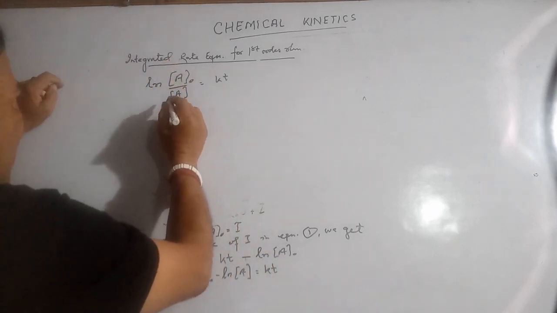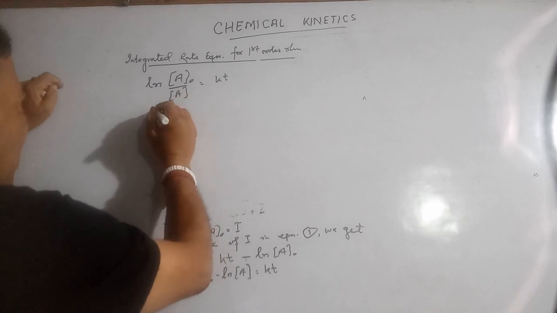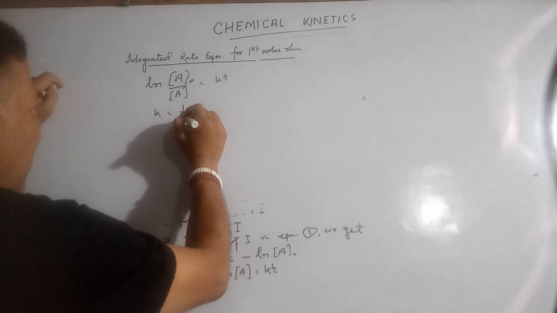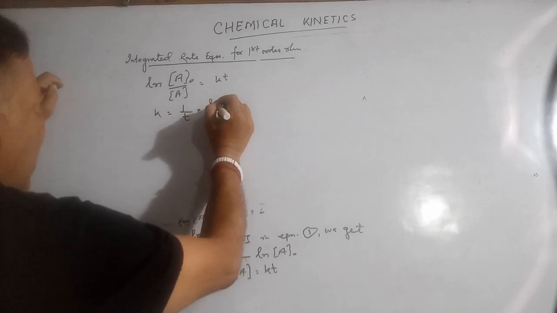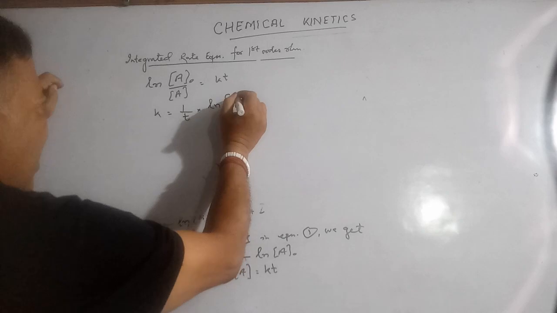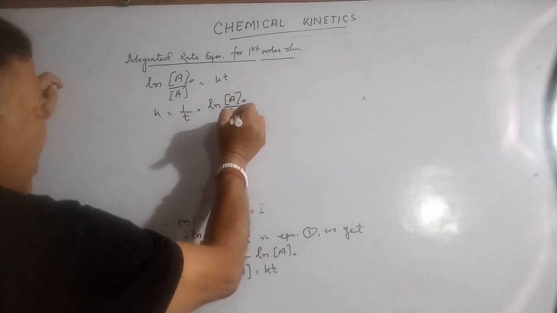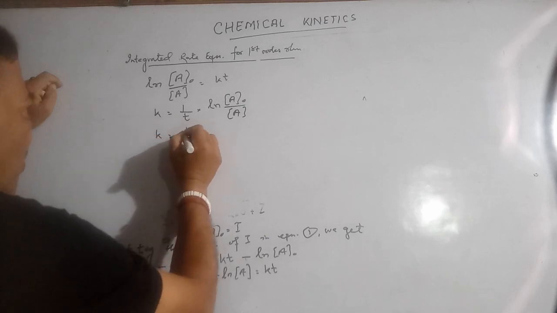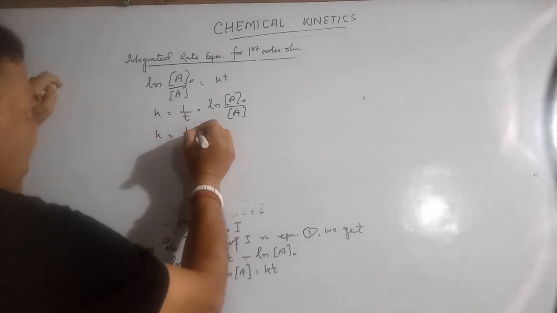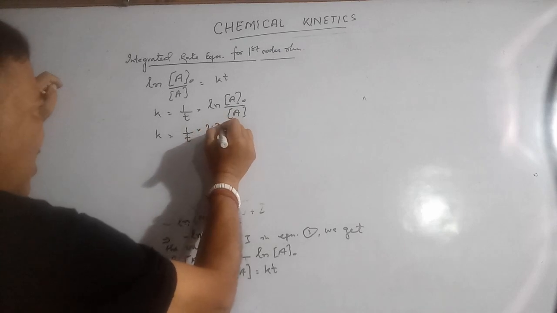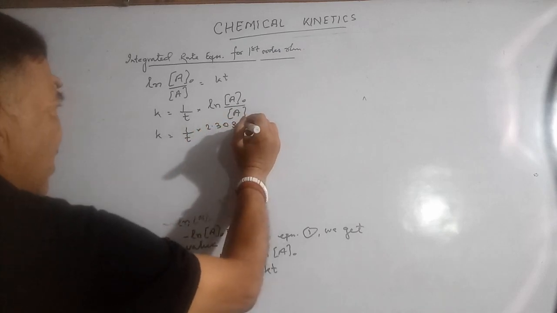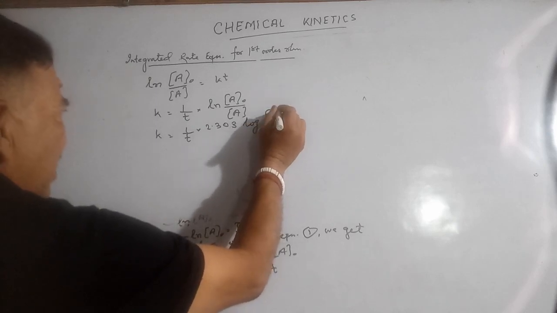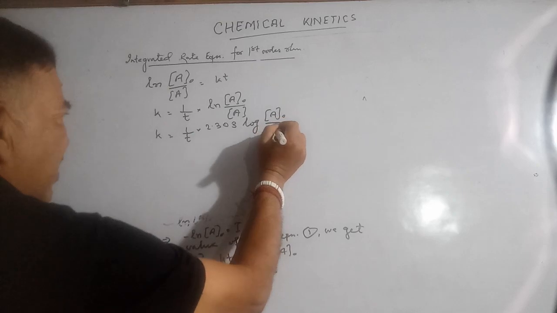Or it will be k is equal to 1 by t into natural log [A]0 by [A], or k is equal to 1 by t into 2.303 log to the base 10 of [A]0 by [A].